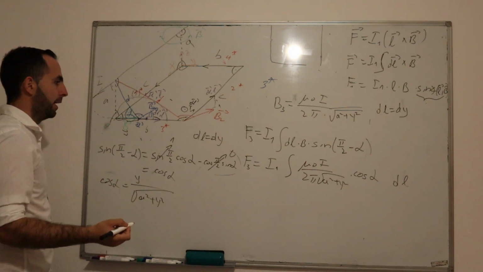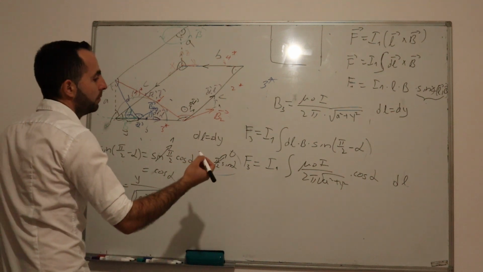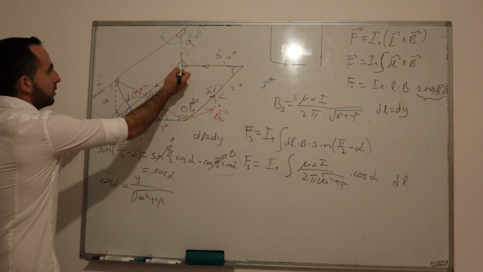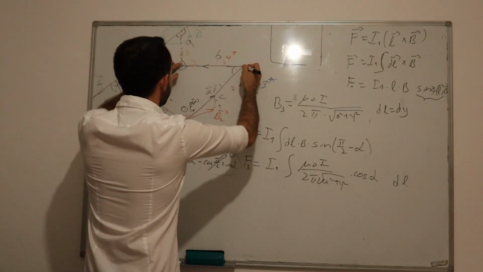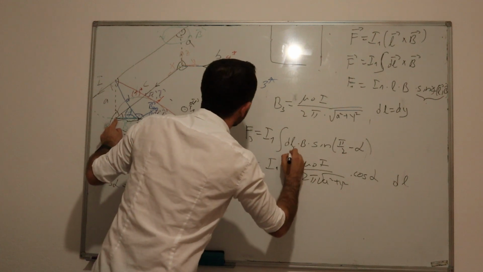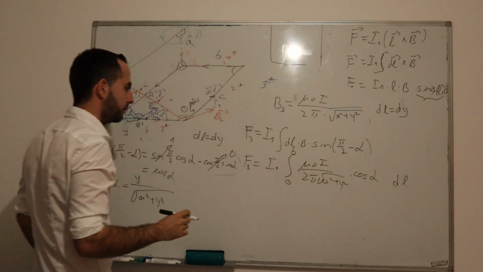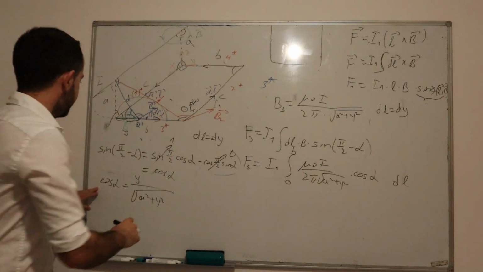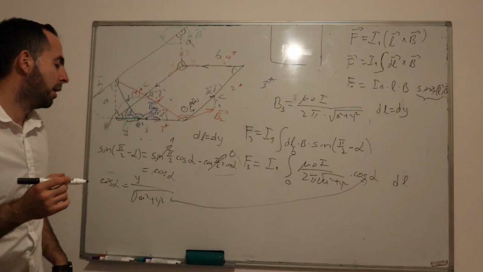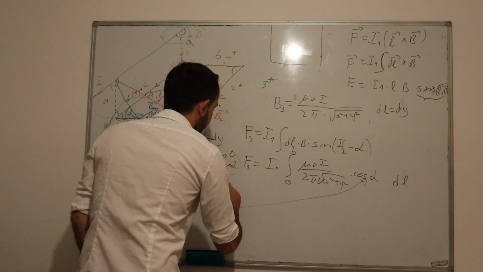And what are the limits of this integral? Well, my integral starts from the center and ends here, at b, so from 0 to b when we are looking along the y axis. So we put this here, and we get the same integral as when we calculated the flux.